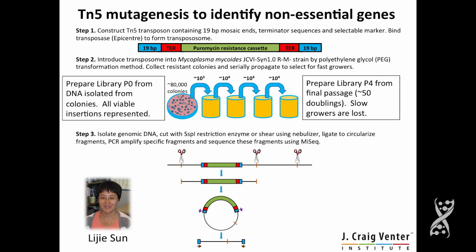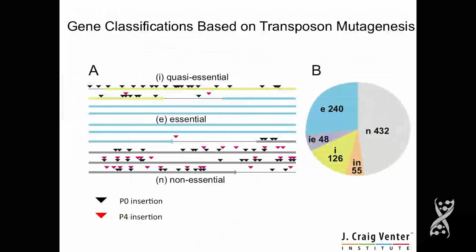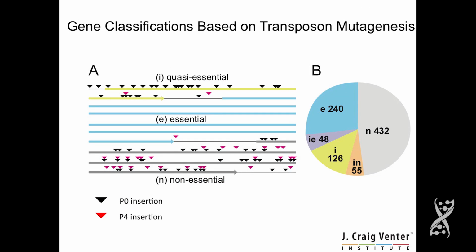And we were able to classify all the genes fairly cleanly into 3 groups. Essential is one that doesn't get hit at all.